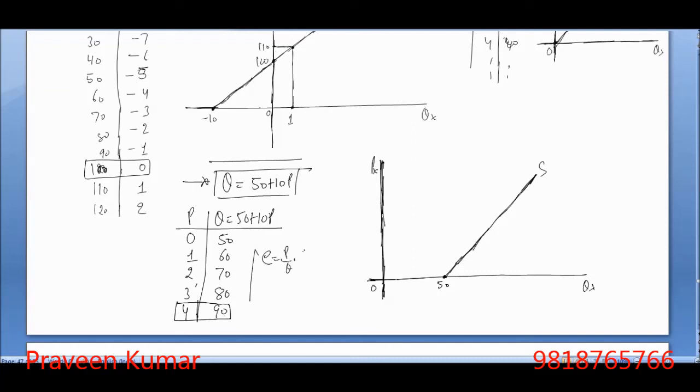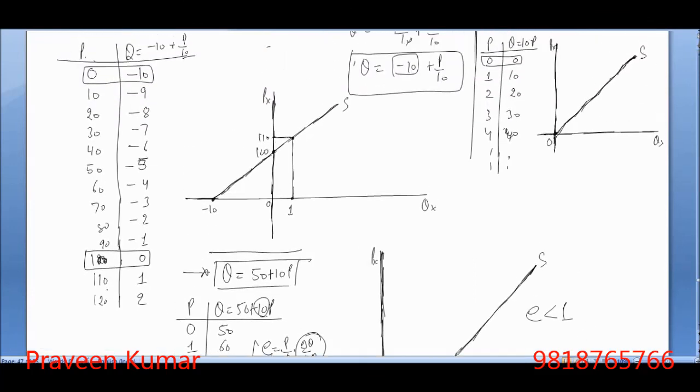P upon Q into delta Q upon delta P. This is reciprocal of the slope. So P is 4, Q is 90 into my delta Q upon delta P, which is nothing but 10. So 0 0 cancel. So elasticity of supply comes out to be what? 4 by 9. 4 by 9 is for sure less than 1. Yes or no? Elasticity is less than 1.